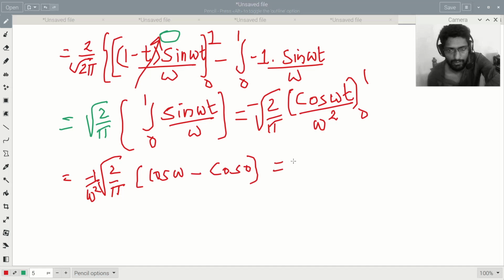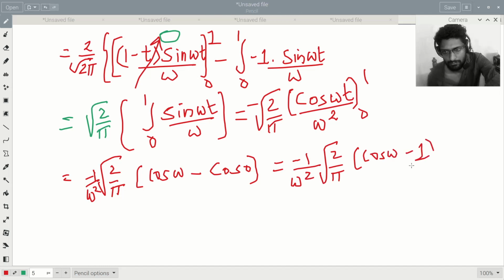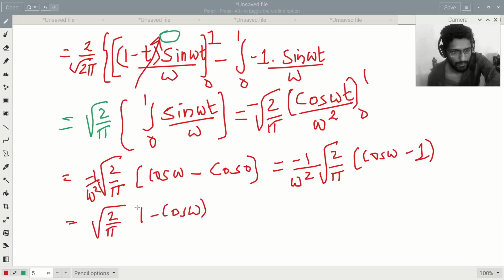So this is equal to minus 1 by omega square into root 2 by pi, cos omega minus 1. So take that minus into the bracket, and we will get root 2 by pi, 1 minus cos omega divided by omega square.